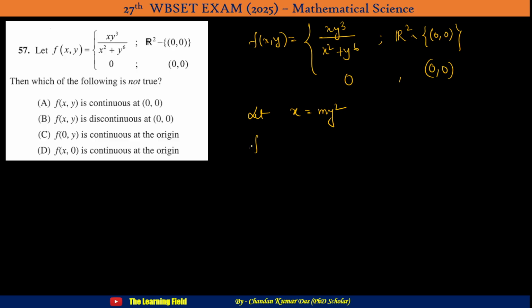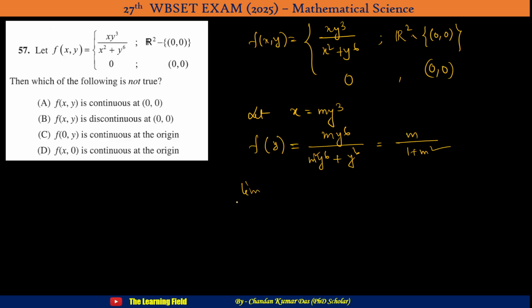That means the value of f at x equal to m y, so only a function of y, which is equal to, sorry, x equal to m y cube, not y square. So for x y not equal to 0 0, we get m y to the power 6 by y to the power 6 plus m square y to the power 6. This is equal to m by 1 plus m square.